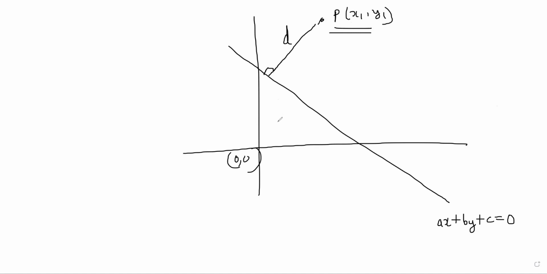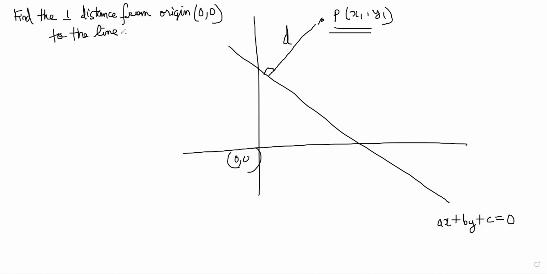Yeah. But in order to prove that, the first step is to find the perpendicular distance from the origin 0, 0 to the line. So first we will find out this. What is this p?